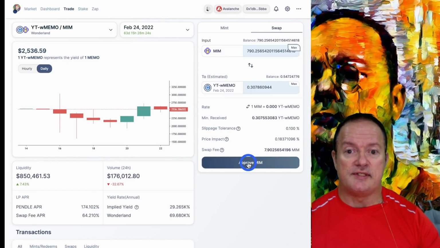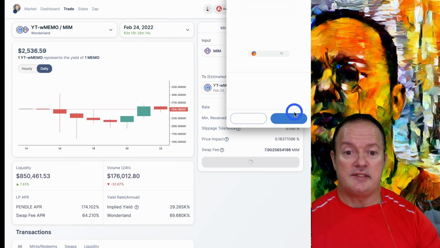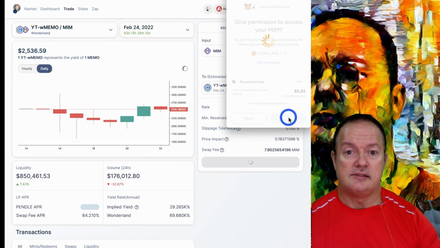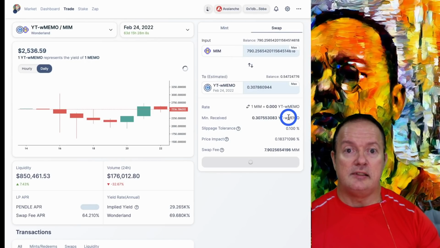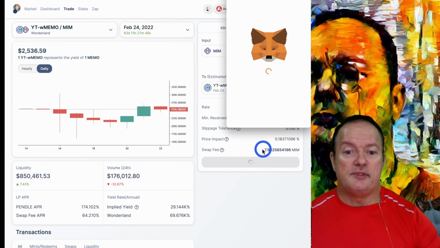All right, so let's approve this. And we approve in MetaMask. So confirm that. And let's hope we don't have to wait 10 minutes for it. And we hit swap. The swapping fee is a little bit expensive.